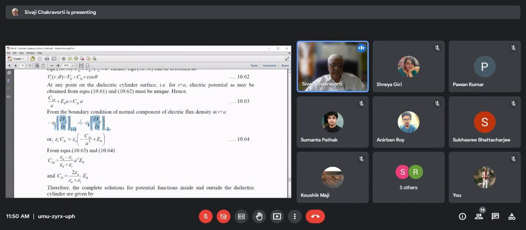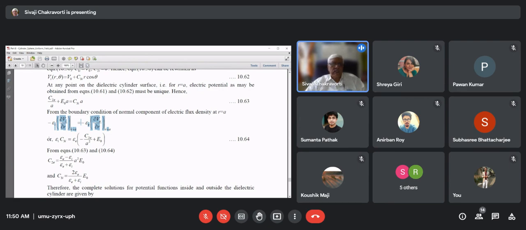So now we have two equations, 10.63 and 10.64, and we can solve, and now I have the two expressions of that coefficient.